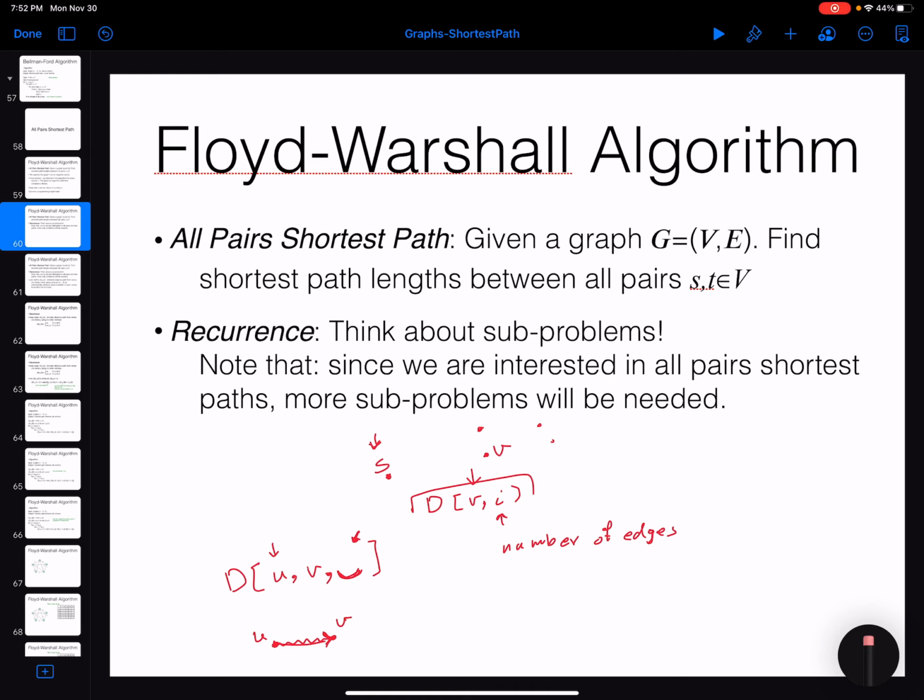So the subproblems that we are going to define for the recurrence here again have this constraint over the number of edges, but I'm going to rewrite that constraint in a different way.